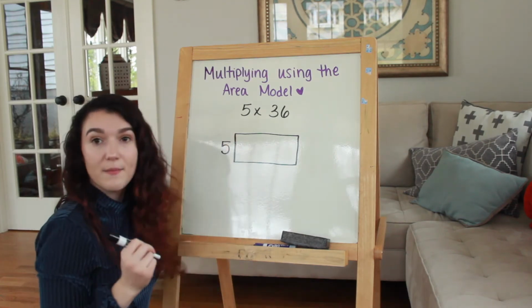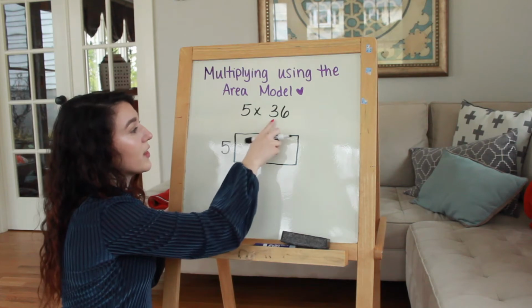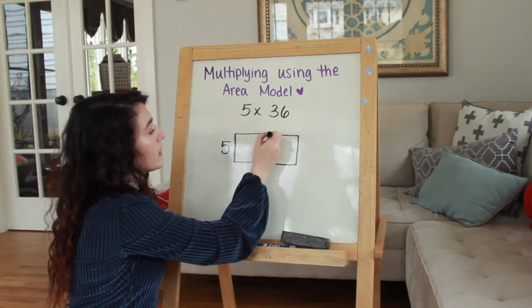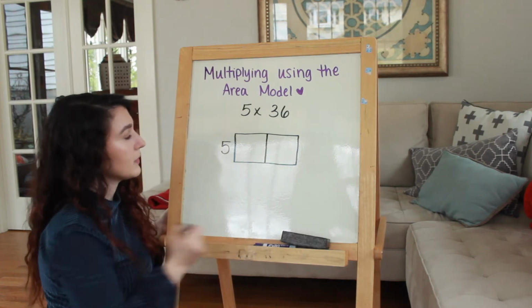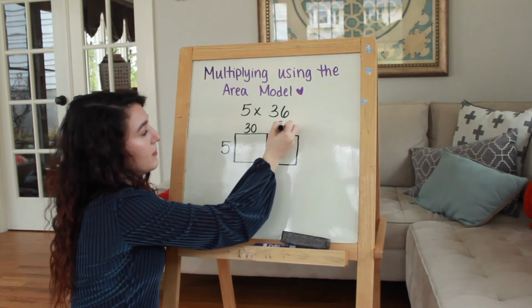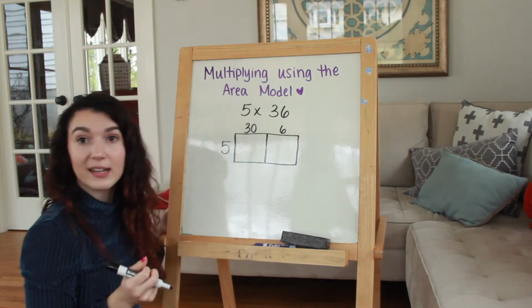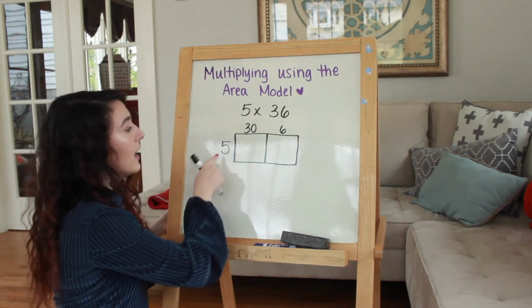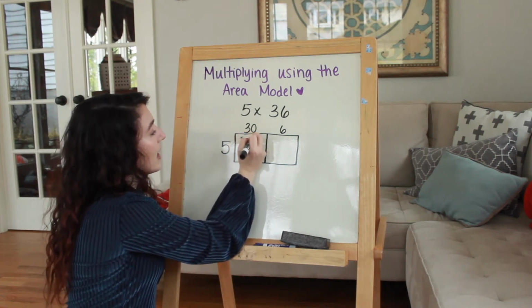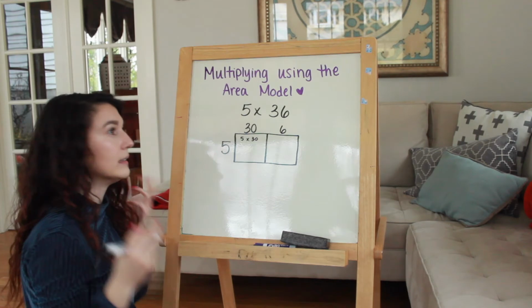Going to put my 5 there. Now I know that 36 has both a 10's place and a 1's place. So I'm going to split my box up again, and I'm going to put my 10's here, 30, and my 1's here, 6.